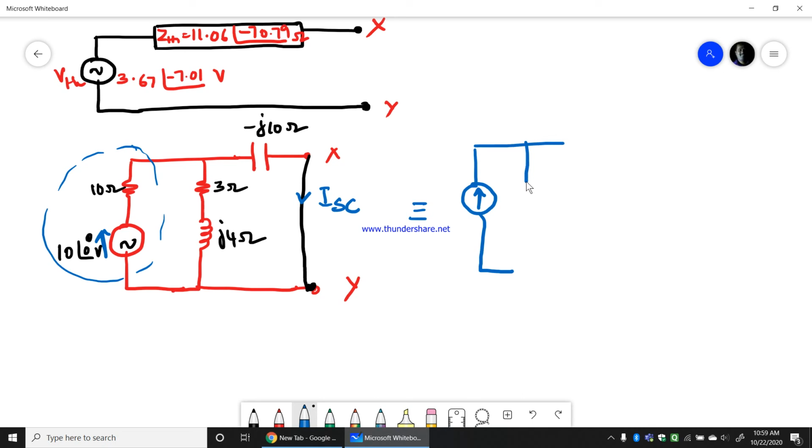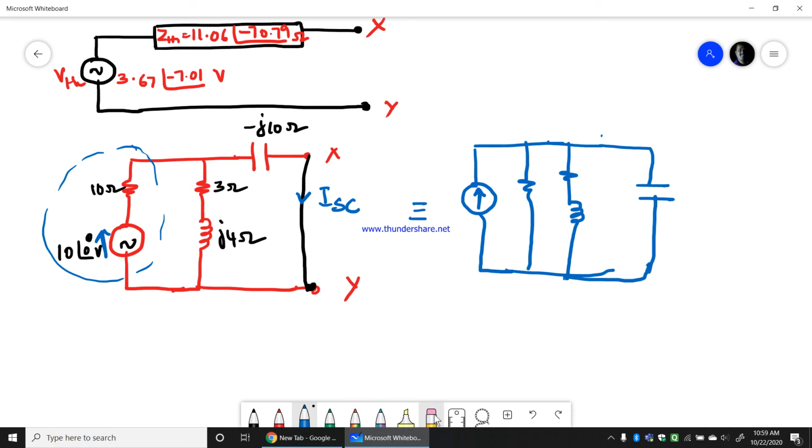That is in parallel with this 10 ohms, and that in turn parallel with this 3 and 4J. Okay, and then we do have minus J connected in parallel. So therefore this is 10 ohms, 3 ohms, 4J ohms, and then this is minus J 10 ohms.